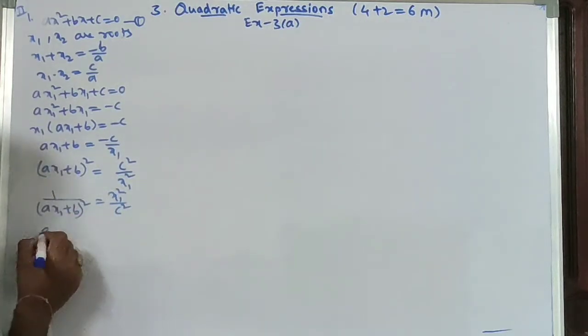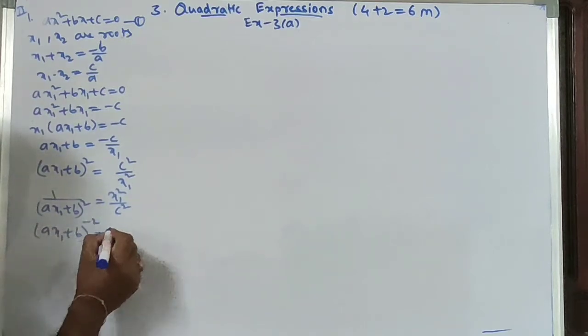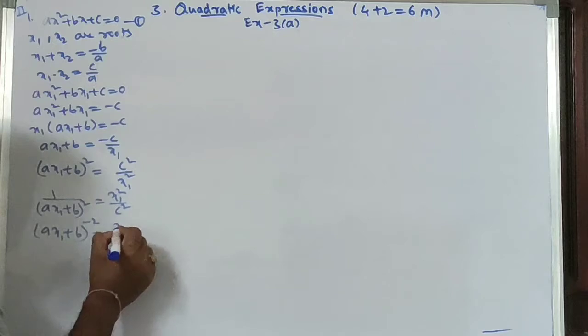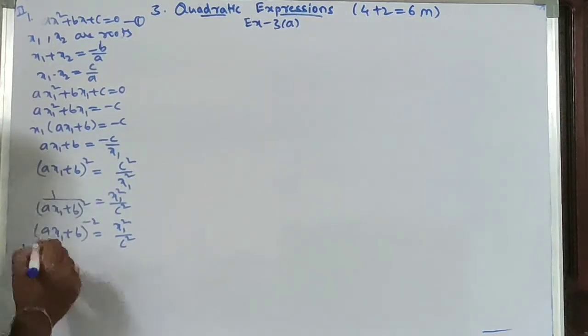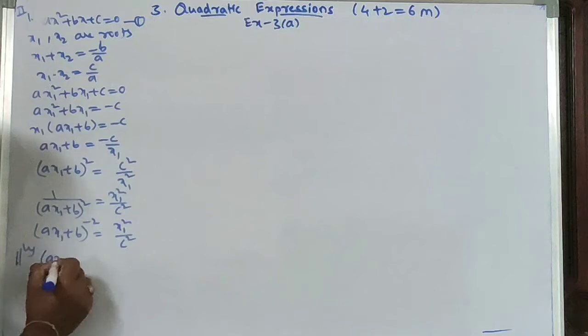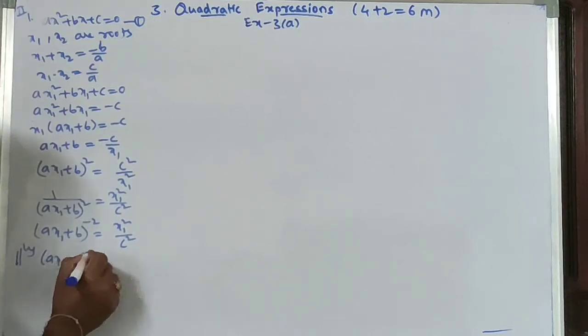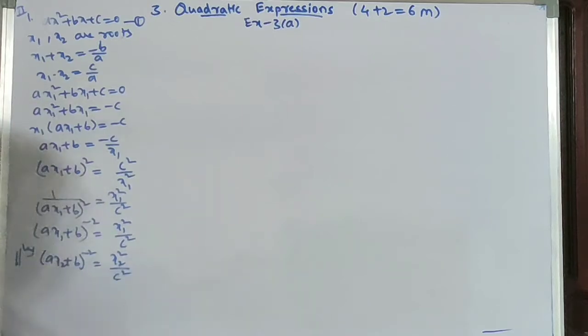This is (ax1 + b)^(-2) = x1²/c². Similarly, if x2 is also another root, (ax2 + b)^(-2) = x2²/c².